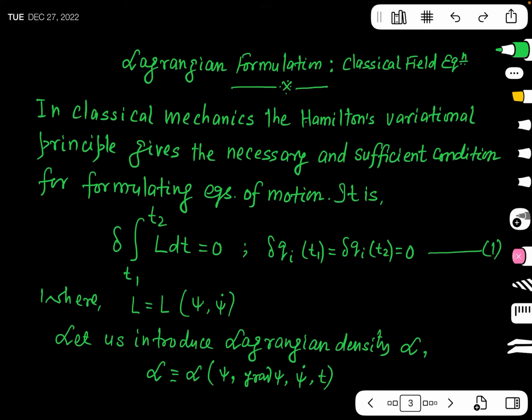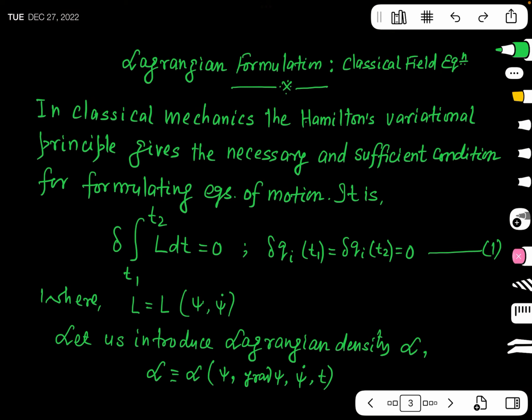Lagrangian density means what? Lagrangian density means the value of Lagrangian per unit volume. It means Lagrangian divided by volume is called Lagrangian density.